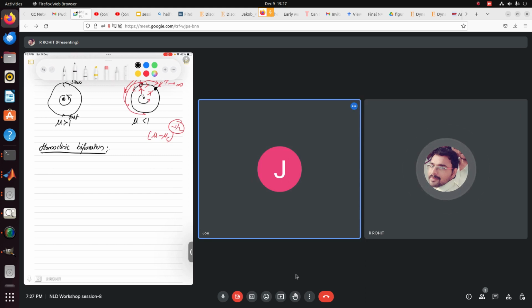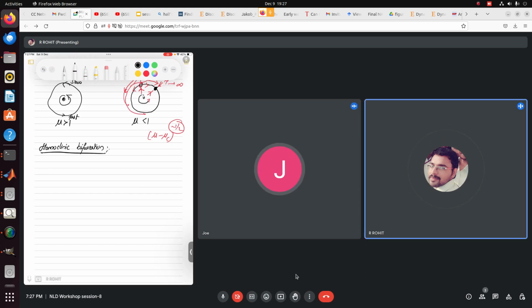So in homoclinic bifurcations, a part of a limit cycle moves closer and closer to a fixed point. In short, say we have x and y, and you have a saddle node over here, so anything that starts over here will try to move in this way.